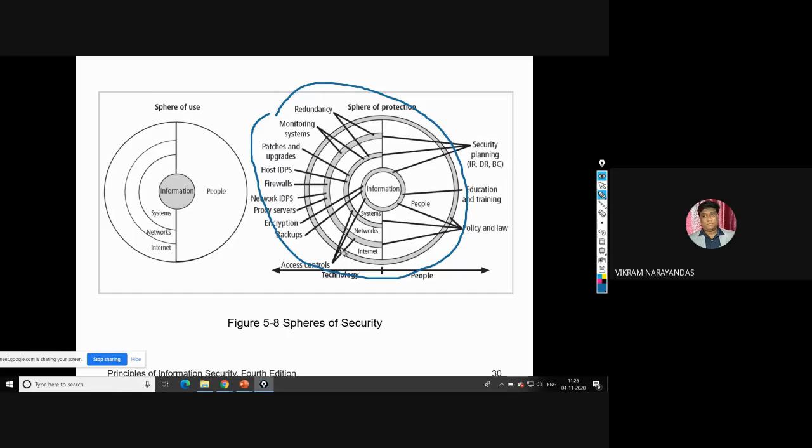So from the internet, you are connecting to the outside world. We are using some technology, some access control mechanisms to connect to the outside world, to different public IPs.